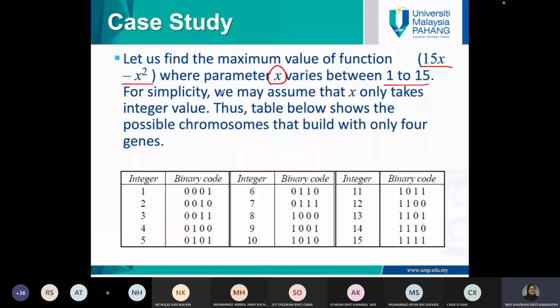For simplicity, we may assume that x only takes integer values, so numbers 1 to 15, integers only. No decimal points.